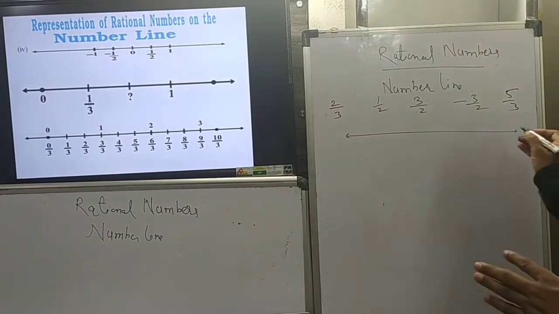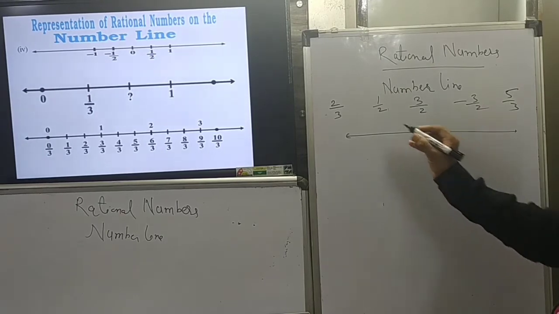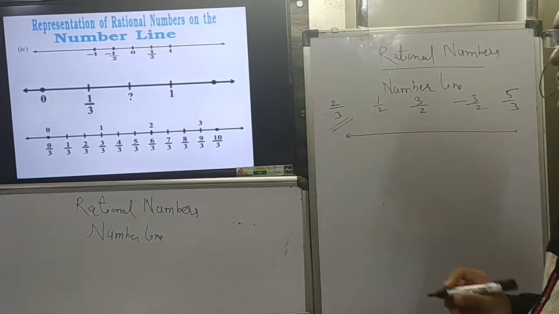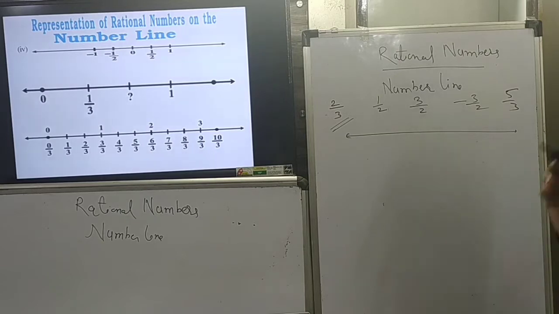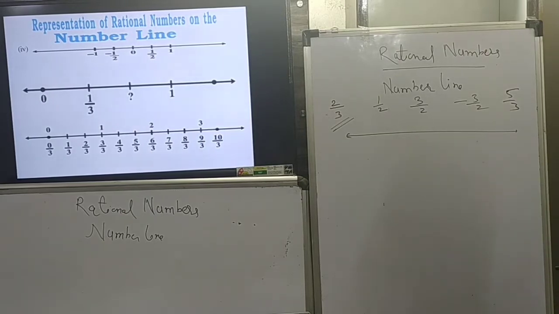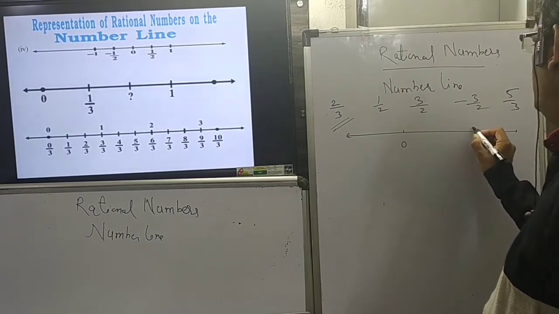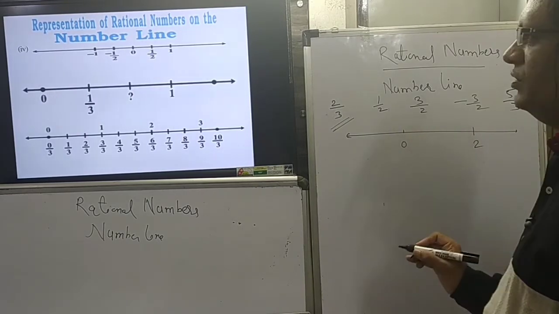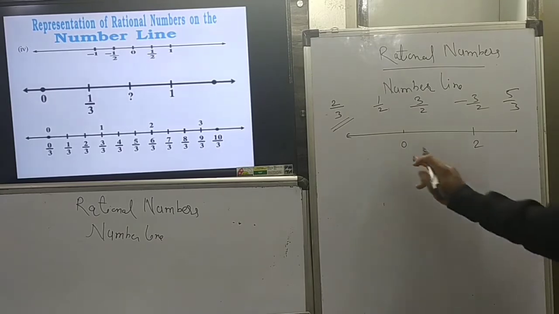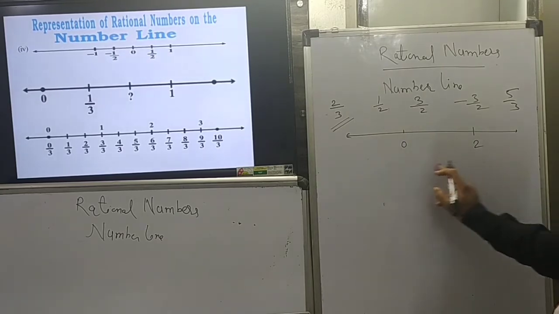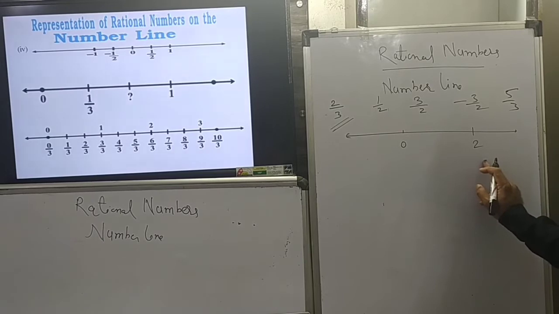Now, how to represent a rational number on the number line? Suppose this is 2 by 3. First of all, let us see the meaning of this 2 by 3. Here it is 0 and it is 2. Then we have to make 3 parts of this distance from 0 to 2.